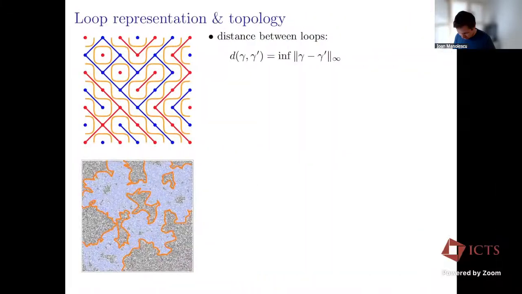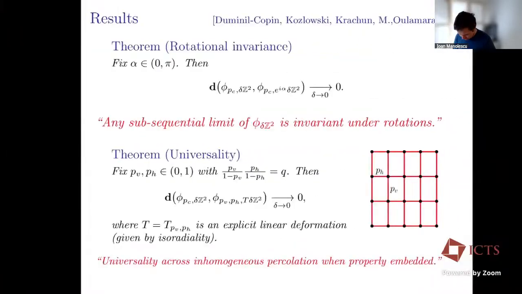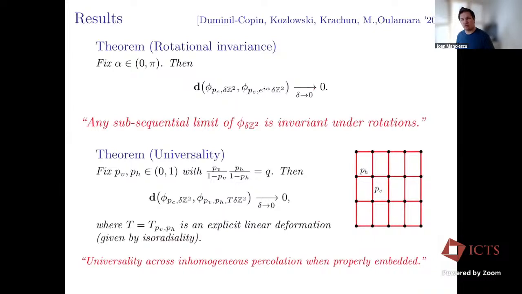So the theorem is, yes, you have both universality and you have invariance under rotations or isometries. So how does that read?